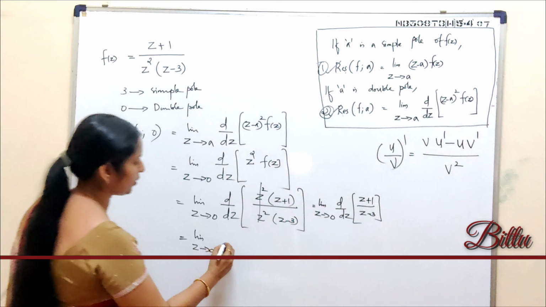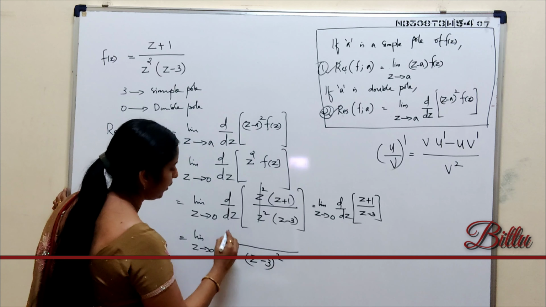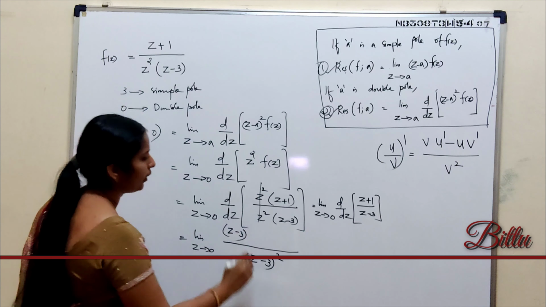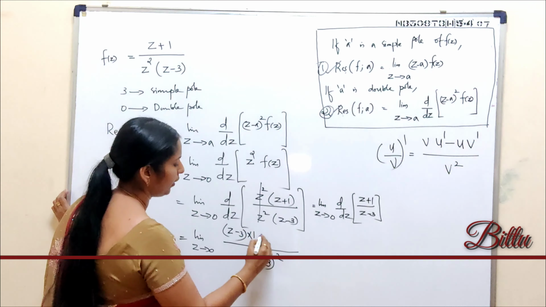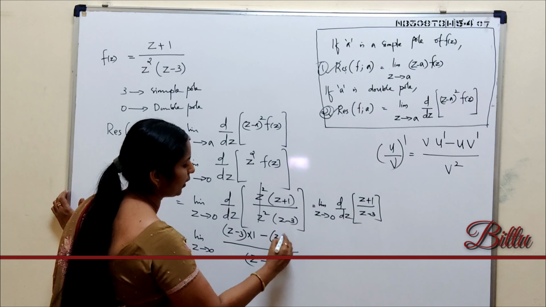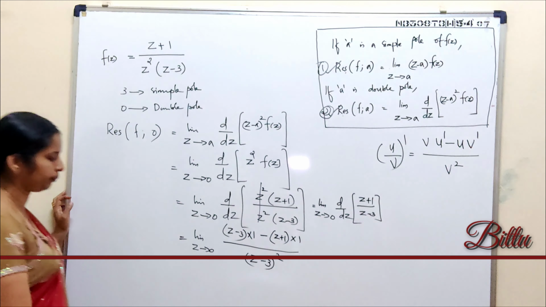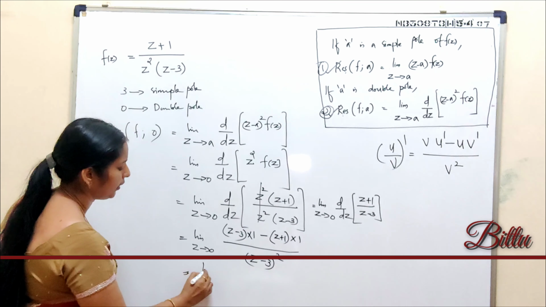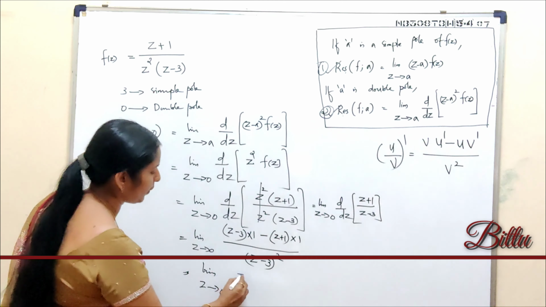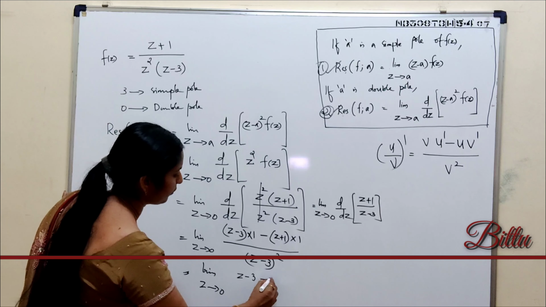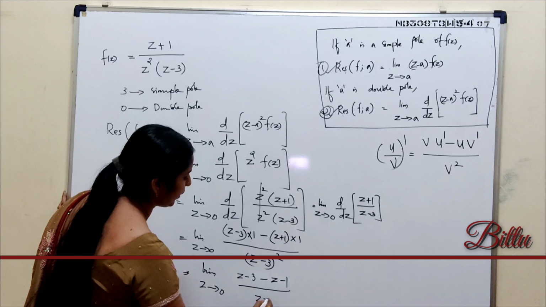So limit as z tends to 0, denominator square upon denominator into derivative of the numerator with respect to z, which is 1, minus (z plus 1) into derivative of the denominator with respect to z, which is 1. It is limit as z tends to 0 of (z minus 3) minus (z plus 1), that is minus z minus 1, by (z minus 3) the whole square.